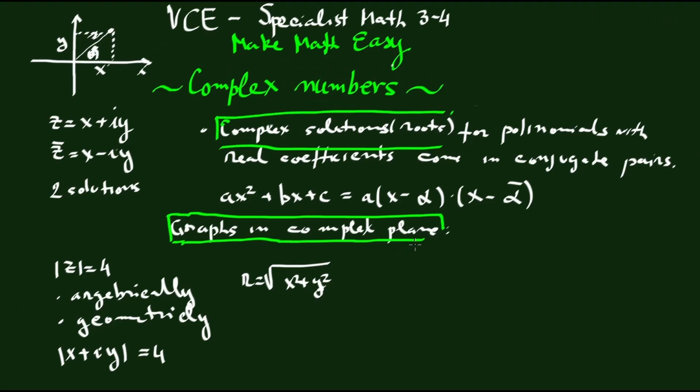When we draw our complex number in polar form, if that's our z, that's our r.